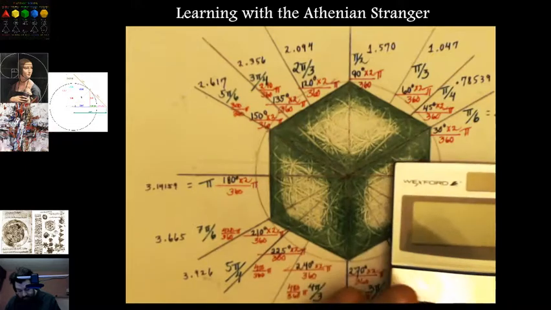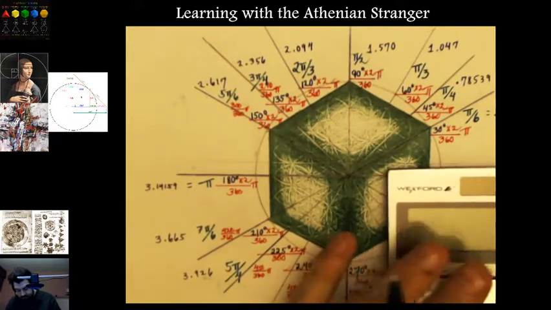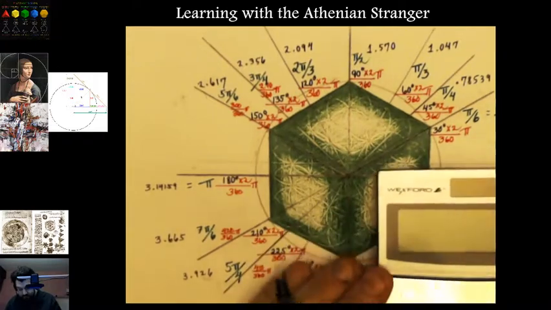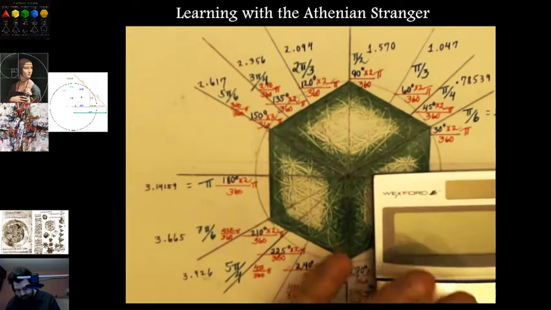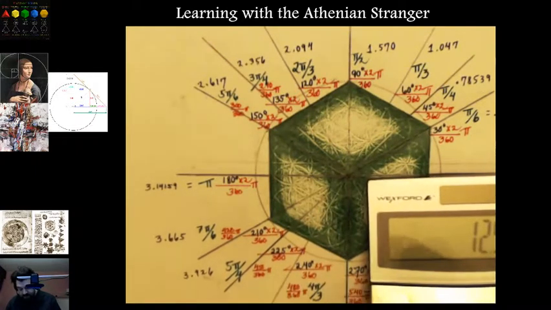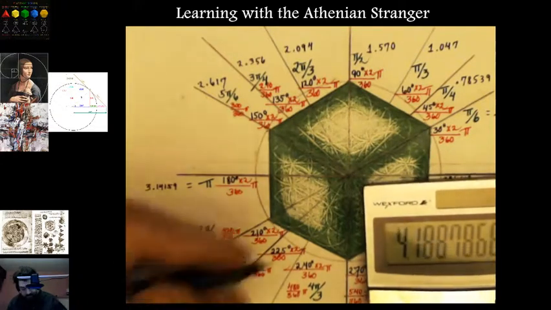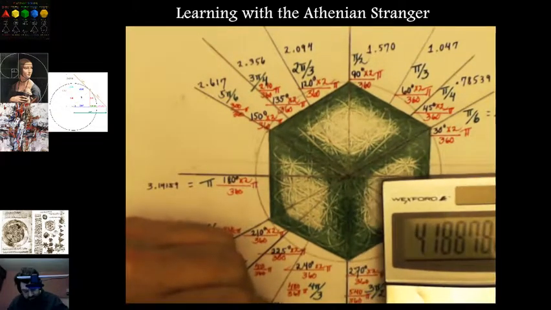We'll take 4 times 3.14159 divided by 3. And that equals 4.188.